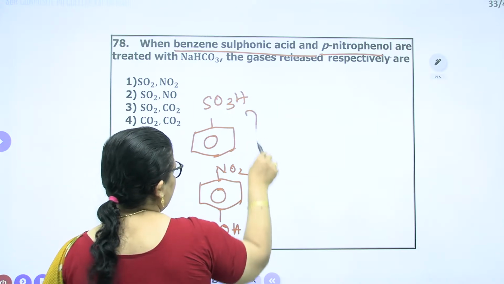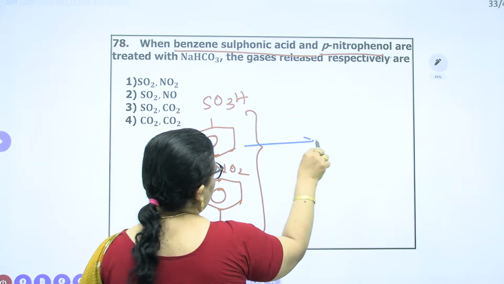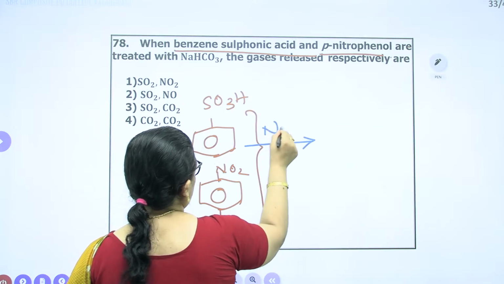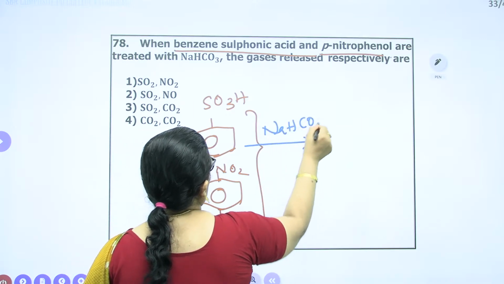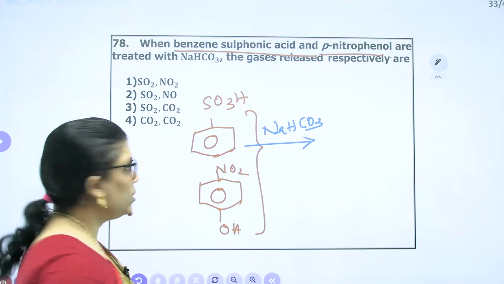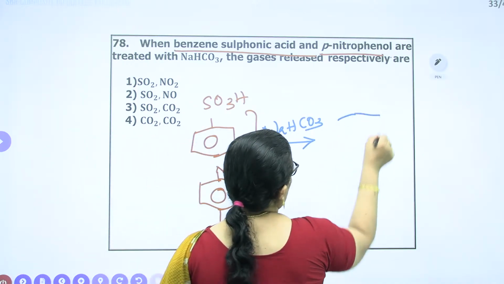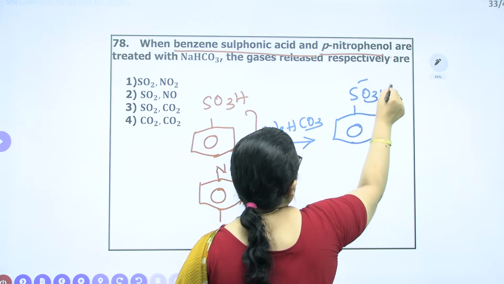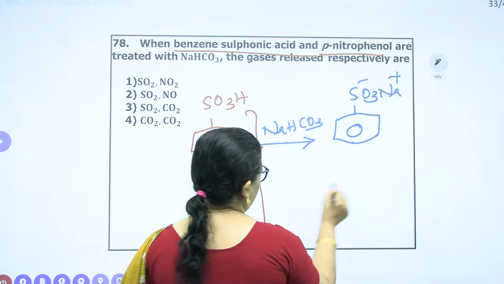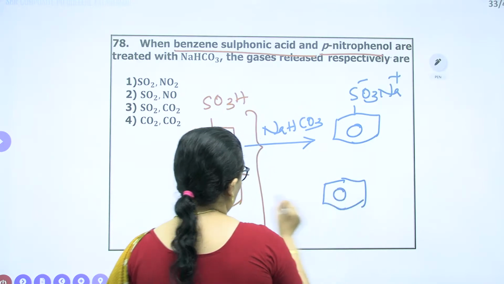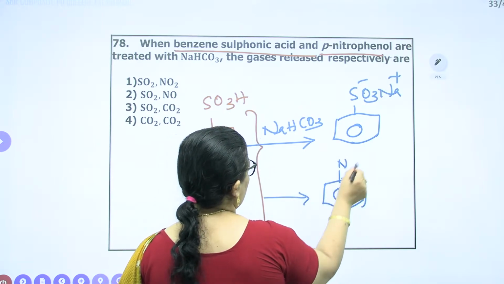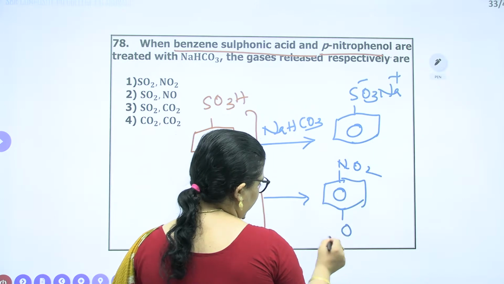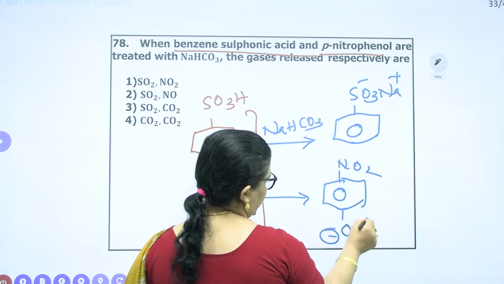When both are treated with sodium bicarbonate solution, H is replaced by Na. We get sodium benzene sulfonate, and here we get the phenolate, NO2 and O minus Na plus.